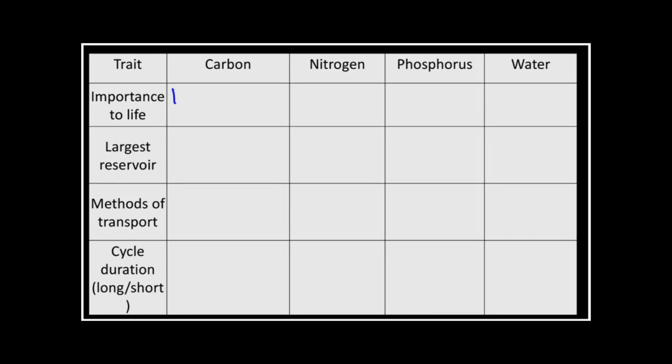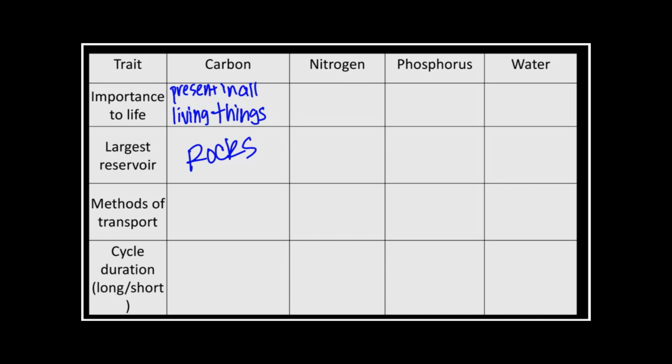Well, it's present in all living things. I'm going to do carbon first, and then we'll go down the row. Again, if you have questions, please ask. The largest reservoir for carbon is rocks, although there is a decent amount in the atmosphere now.